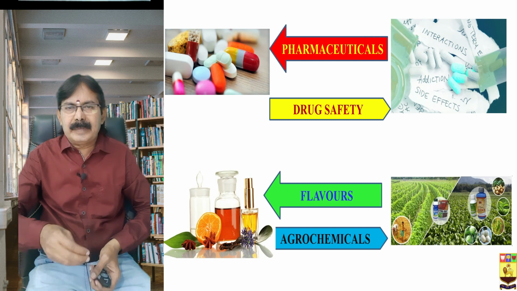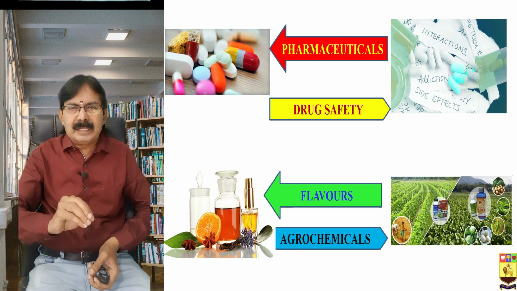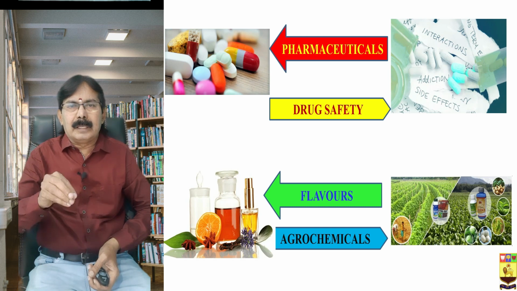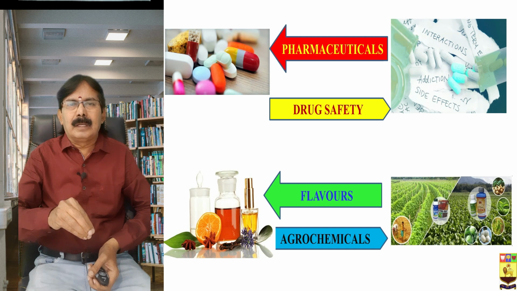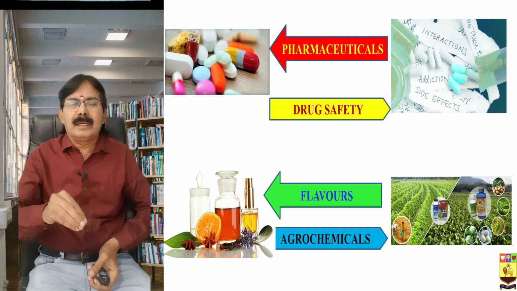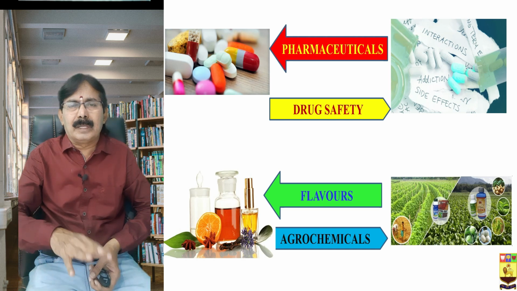So asymmetric synthesis allows the selective production of the desired product. Suppose in the racemic mixture, one isomer gives a positive result, that is, a benefit to human life, and the other isomer is harmful to life.